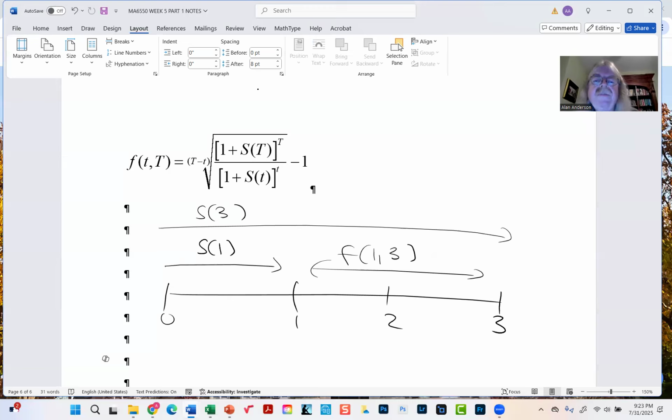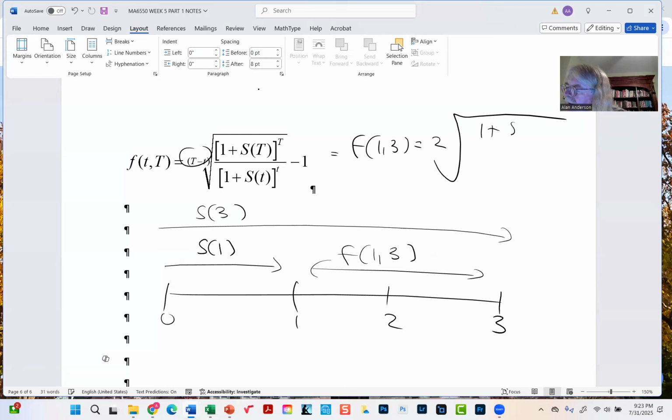In other words, this is a 2-year forward rate and it starts in 1 year because we're comparing the 1-year spot rate and the 3-year spot rate. So that means what we have here is that F1,3 equals the difference between these two, which is (1 plus S3 cubed over 1 plus S1 to the first) to the 1/2 power, all minus 1.